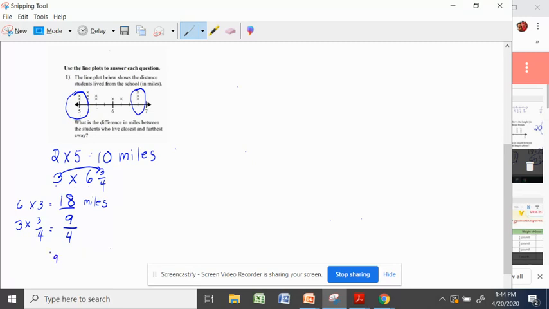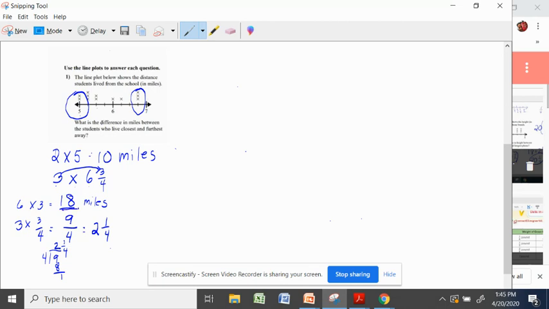So 9 divided by 4. How many times can 4 get into 9? That would be 2. 2 times 4 is 8, and my remainder is 1. So 9/4 is equivalent to 2 and 1/4. So now I have my answer for the whole number and the fraction.